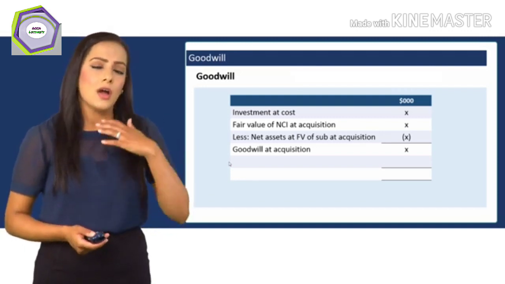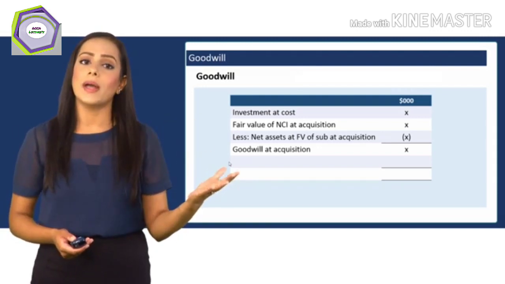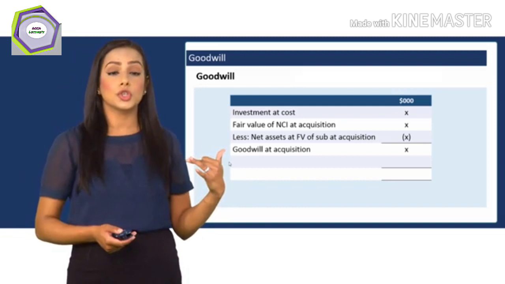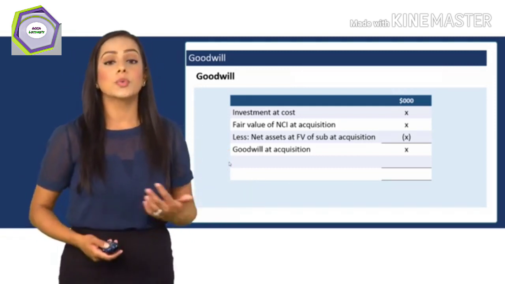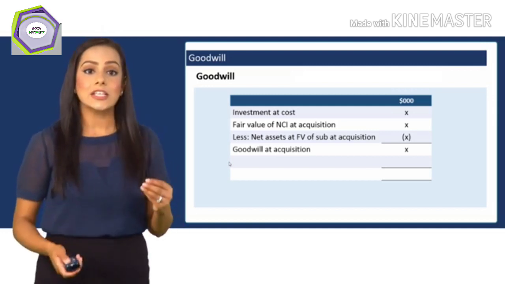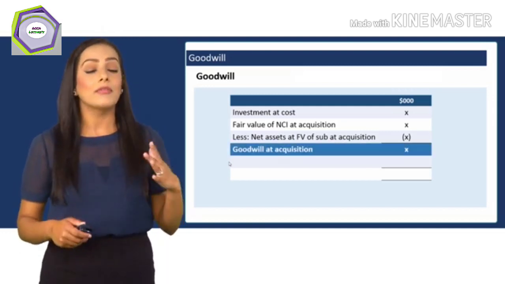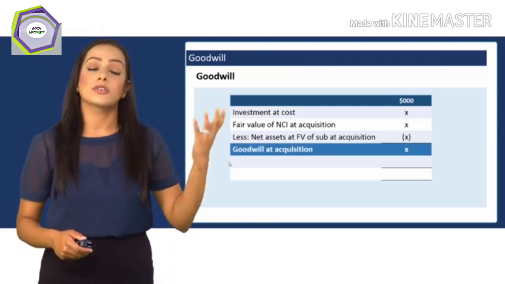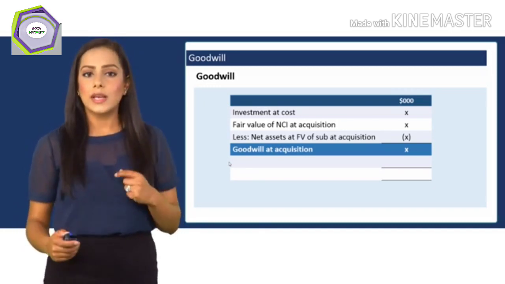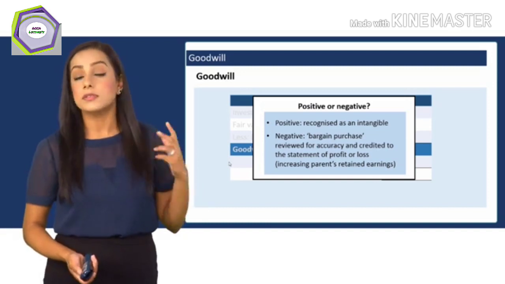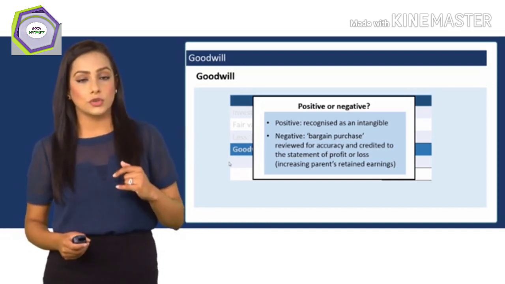But there could be a requirement where you may be asked to prepare the goodwill at consolidation. The goodwill at consolidation takes the goodwill at acquisition and then it reduces it by taking any impairment. Now the goodwill at acquisition could be a positive goodwill or a negative goodwill.